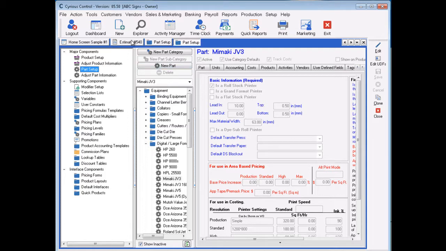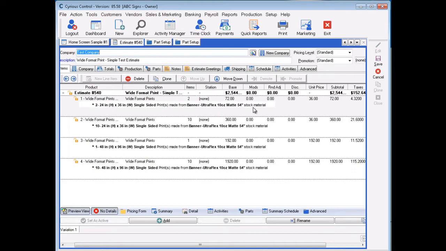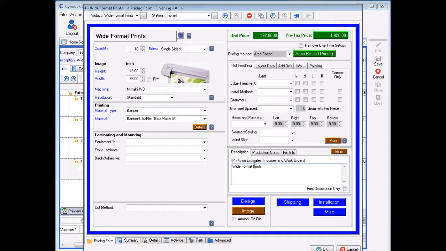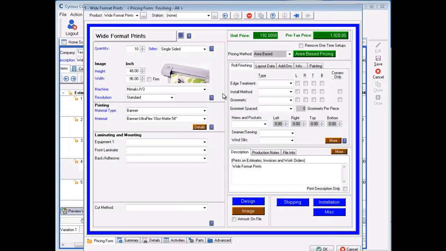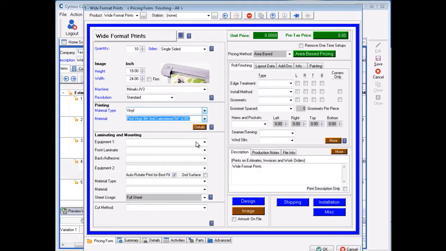The next part I want to talk about in area-based pricing is the other components. If we choose another product, such as a wide format print that's going to be mounted, let's just say we're doing 10 18 by 24s, except this time we're going to print to vinyl and mount to coroplast.